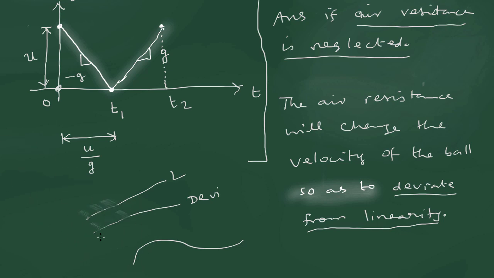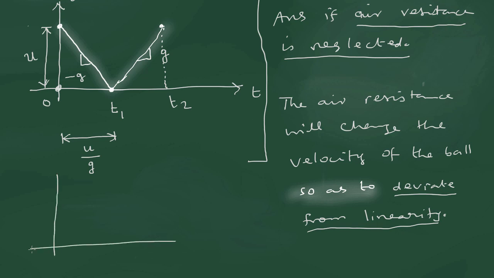Let me erase this. We will change this particular straight line and make a slightly curved one and then draw it. It could be like this. You slightly change the straight line behavior, a very small change, not a big change. This point is here as usual, and here also you don't put a straight line; you put a slightly deviated straight line.